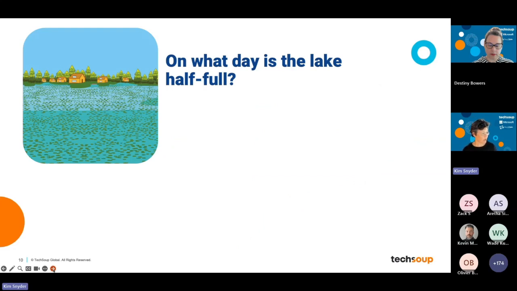Any math folks? So on what day then, if it's doubling, is the lake half full? And so we've got Teresa and Corrine, okay? Math people, all right? So yes, if it's doubling every day, then on day 29 it was half full, then day 30 is fully full, right?